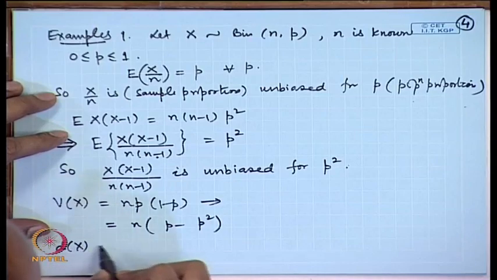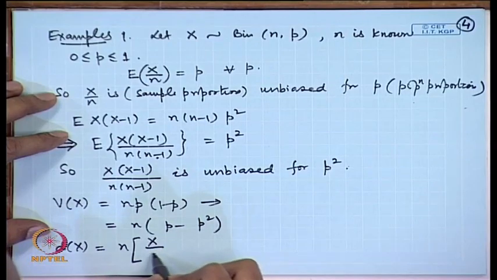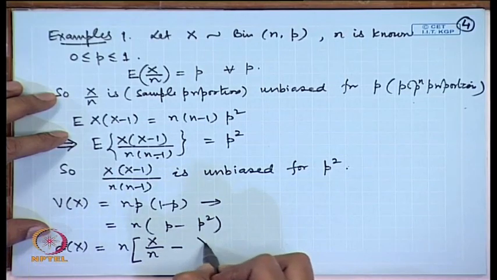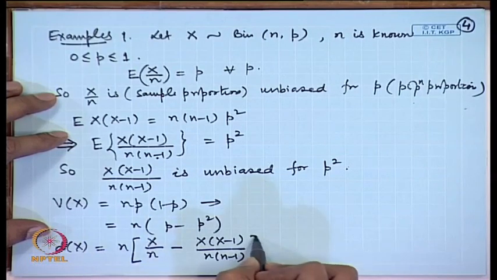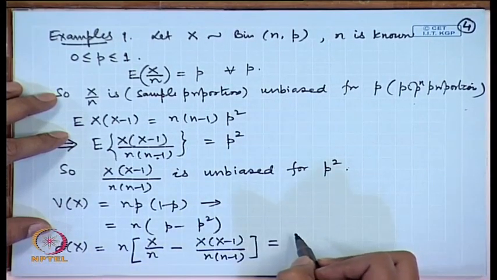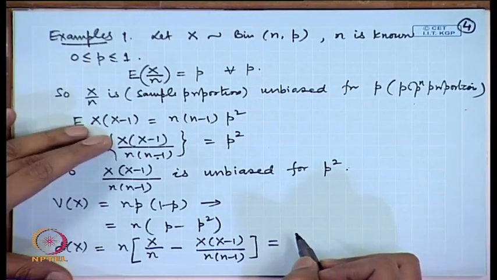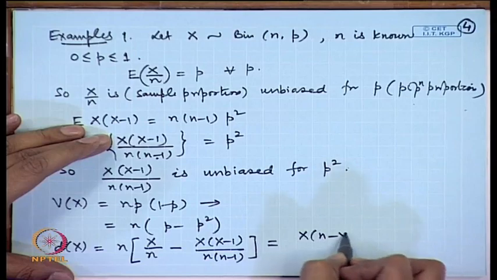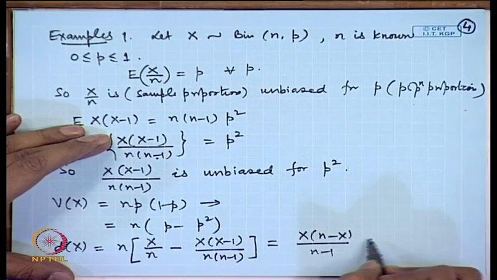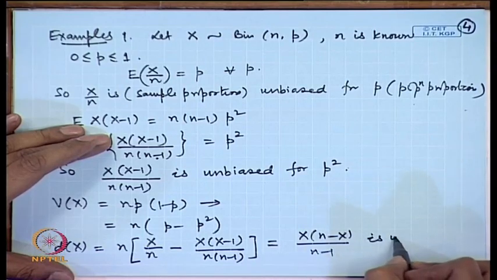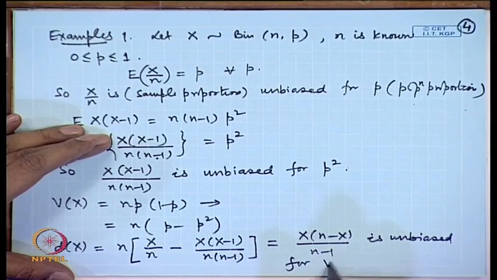So, if we write D(X) is equal to n times, for p we write X by n, and for p square we write X(X minus 1) divided by n(n minus 1). If we simplify this, it turns out to be X(n minus X) divided by n minus 1. So, then this is unbiased for variance of X.